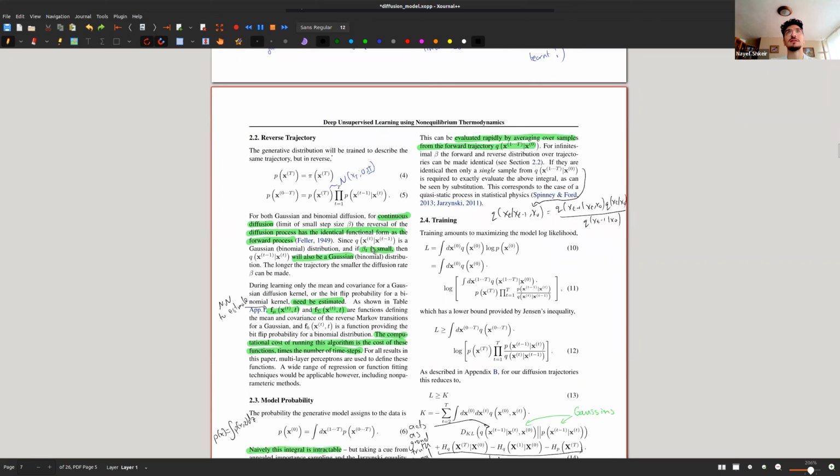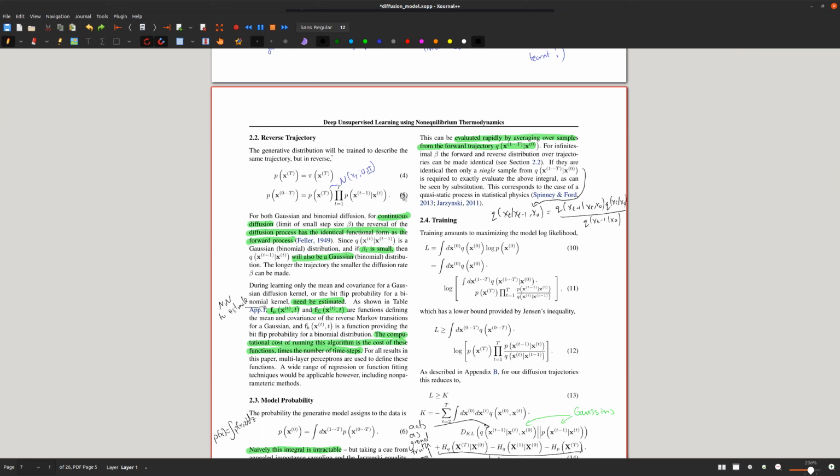A quick question: the p in the reverse process, is it parameterized by something? Is it also data dependent, or completely data independent? It's only dependent on the previous step in the Markov chain.